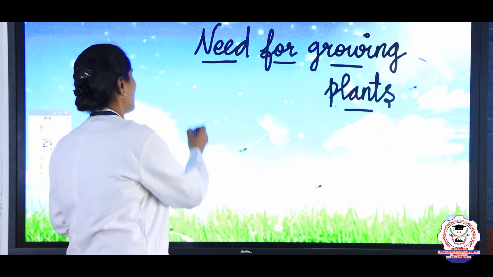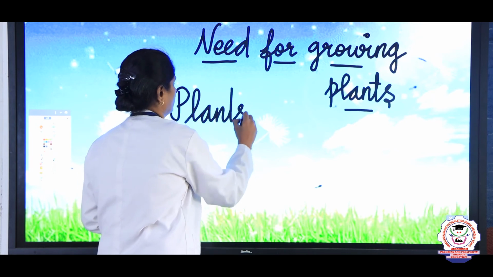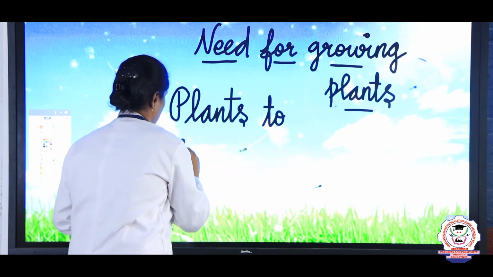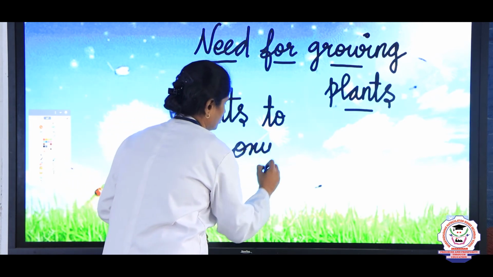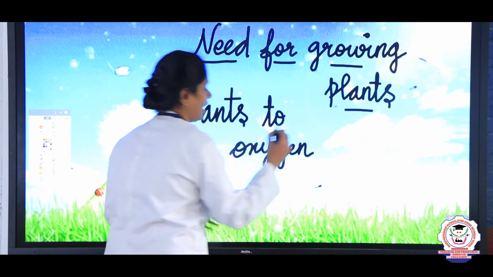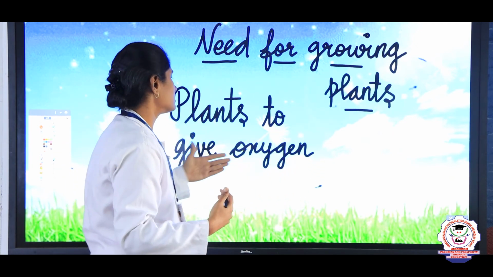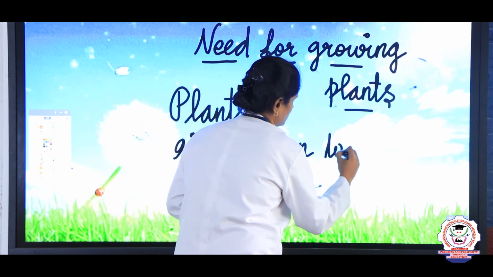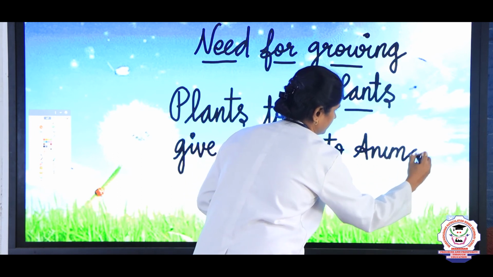So, that is why plants are very important to give oxygen. Of course, all the animals and human beings need oxygen, right. So, plants give oxygen to animals and human beings.